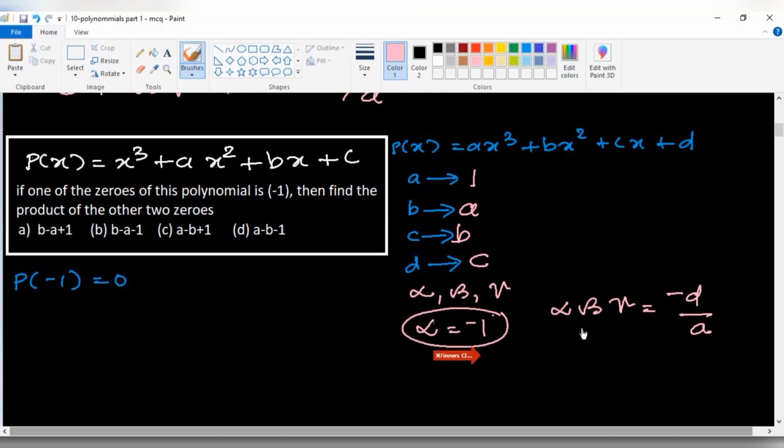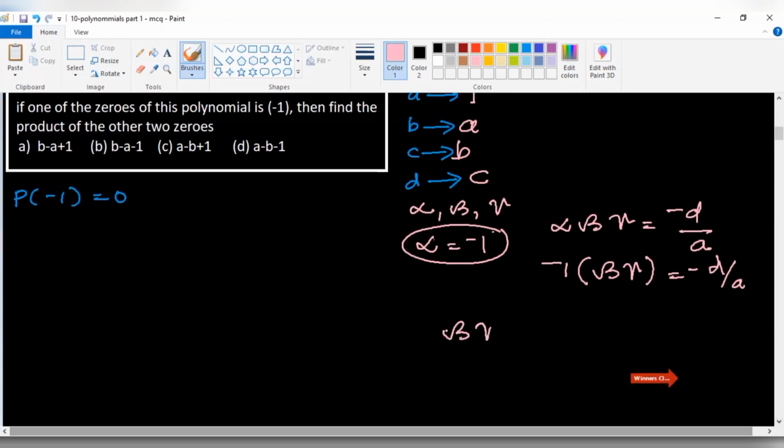And here alpha is -1, so we can put that -1 here. So beta gamma is equal to -d by a. Or in other words, on both sides of the equal to symbol we have a negative sign, so we can cancel them. So what we get is beta gamma is equal to d by a. This is what is asked in the question, this is what we have to find.